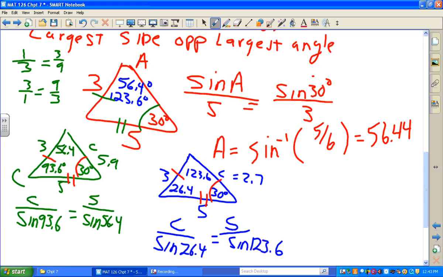Absolutely not. If you're given two sides and the included angle, like this side, this angle, that's how you can prove triangles congruent, right? Side angle side, that means there's only going to be one answer. Or if you're given an angle side, one answer. Because that's how you prove triangles congruent.